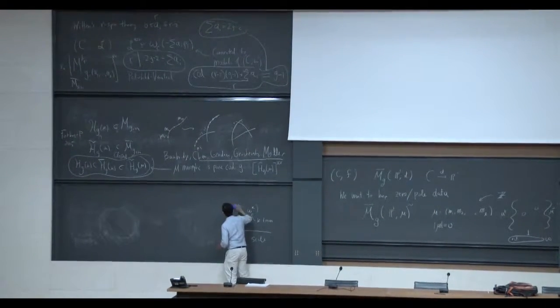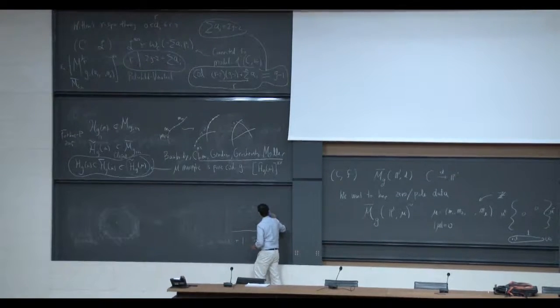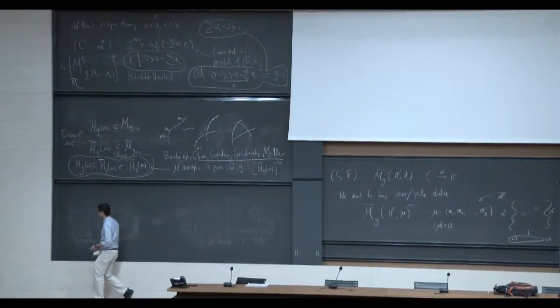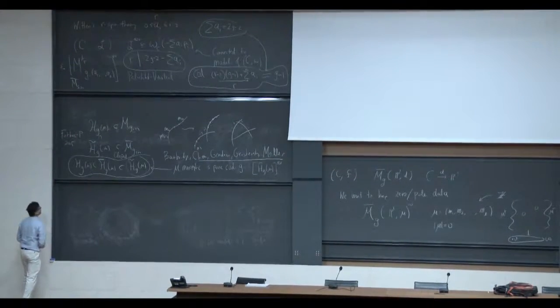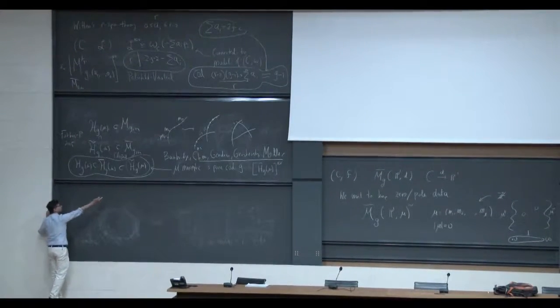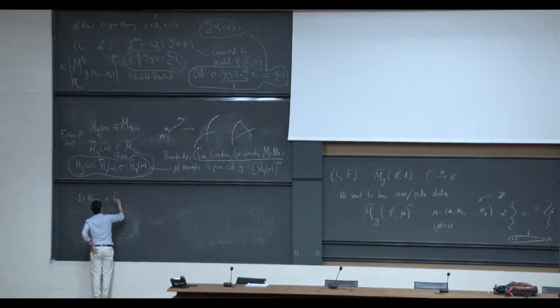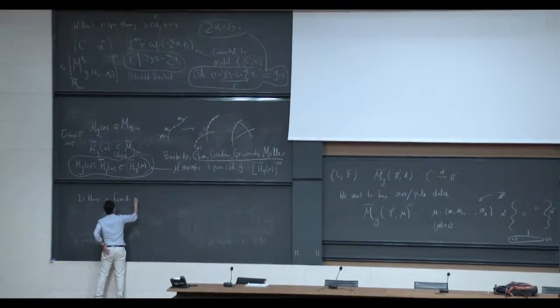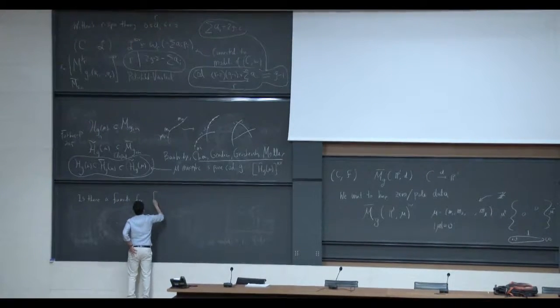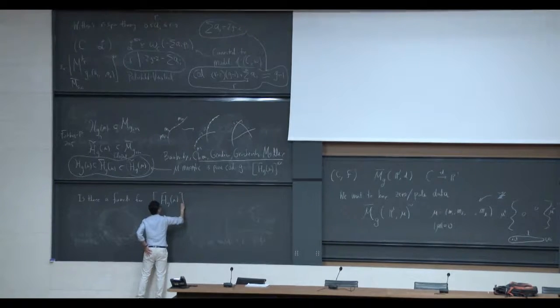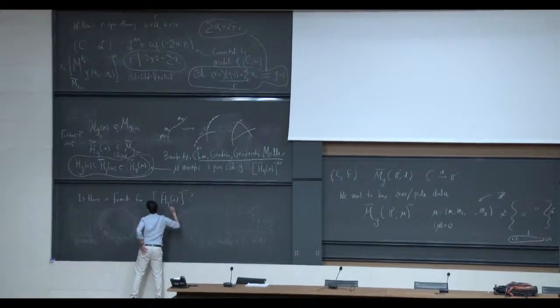One is the closure, and one is the solution of those twist conditions. Okay, so a question you can ask is, since this is a nice class of exactly the right dimension, is there a formula? Okay, this is one question.